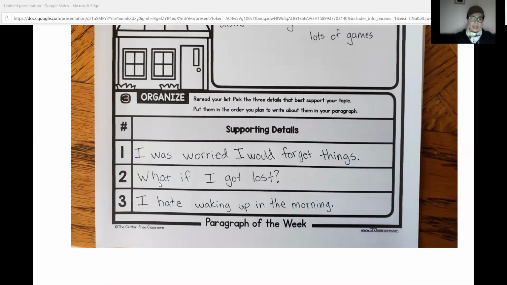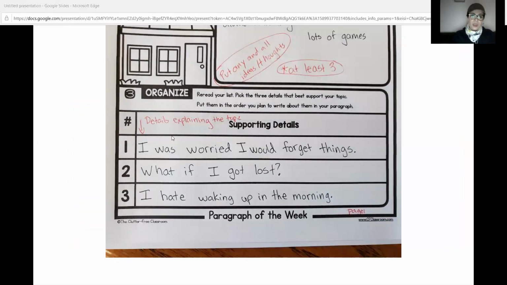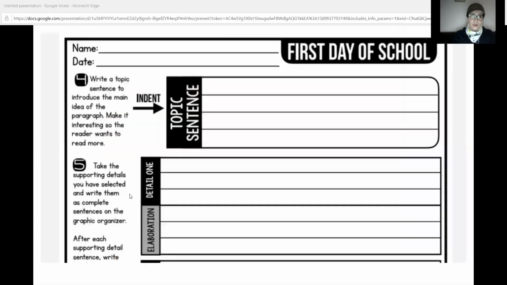Another detail that I have explaining why I was worried was, what if I got lost? Another detail that I have is, I hate waking up in the morning. Those are all reasons why I didn't want to go to the first day of school. These details explain the topic. So the topic is, I didn't want to go. These are 1, 2, 3 details about why I did not want to go.